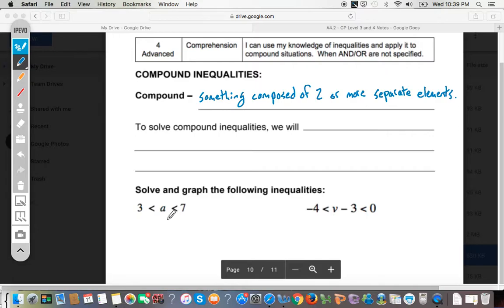Okay, so to solve compound inequalities, we will create and solve two equations, then graph both of our solutions.